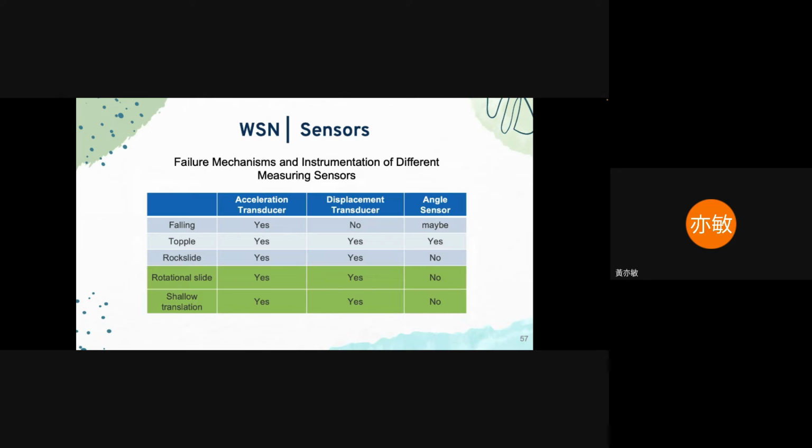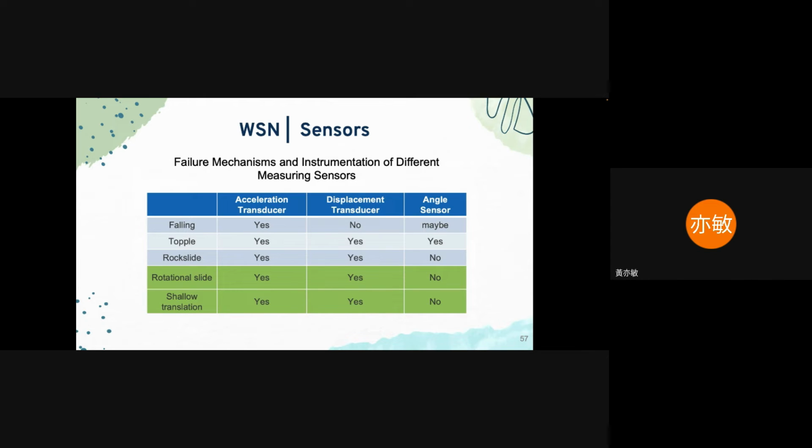You can use the acceleration transducer, displacement transducer, and also the angle sensors. And for different types of landslide, which sensor is useful and which is probably not so good, I just summarized in this table to give you the idea.